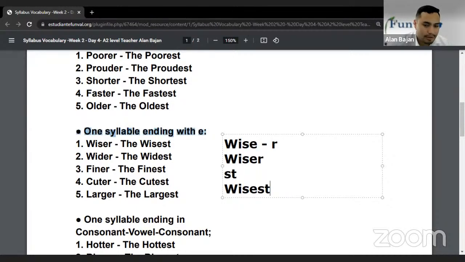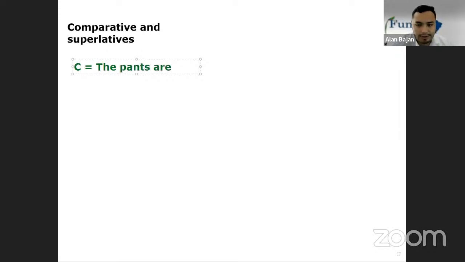Okay. Let's go to the whiteboard. To build a sentence with comparatives and superlatives, we need to add some articles. Let's build one with a comparative. The pants are.